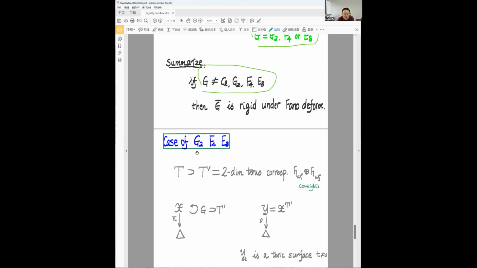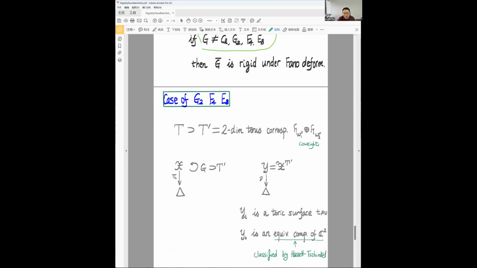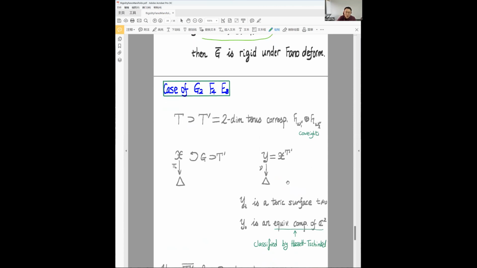And then for these three cases, it is a little bit harder. We need a more detailed analysis by taking a two-dimensional torus, considering the fixed points of this action, and cutting down to a surface case of a Fano surface degenerating to an equivariant compactification of C2.